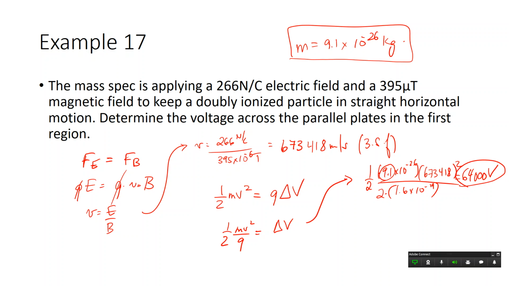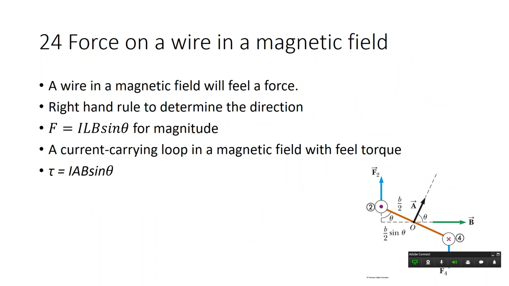We said that charges feel a force, and therefore current must also feel a force because current is just a movement of charges, and by definition, charges that are moving will feel a force. So we extrapolated this, and we see that the relationship is current multiplied by the length of the wire in the magnetic field at whatever angle, and then you get the force acting on the wire.